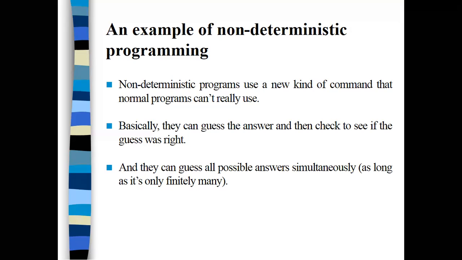In non-deterministic programming, you just give a guess about the result because you are not sure about it. However, in deterministic programming, you are sure about the result. In non-deterministic programming, you give your guess, which is sometimes right and sometimes wrong, and sometimes it will give you all the possible responses.